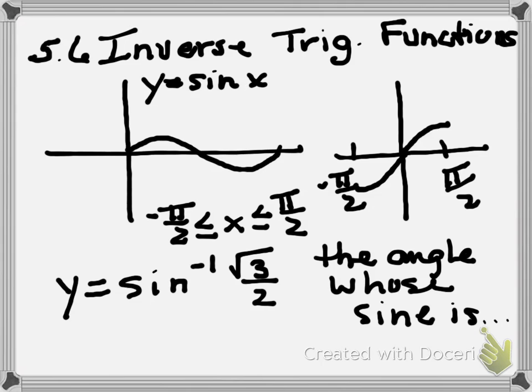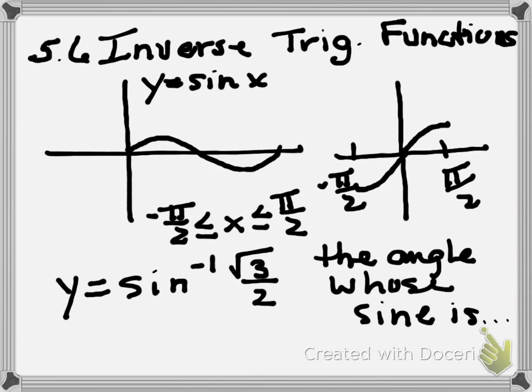Because when you're graphing, you have the angle in radian measure and then what the y value is. Inverse is just the opposite. You're given the y value, you want to find the angle.